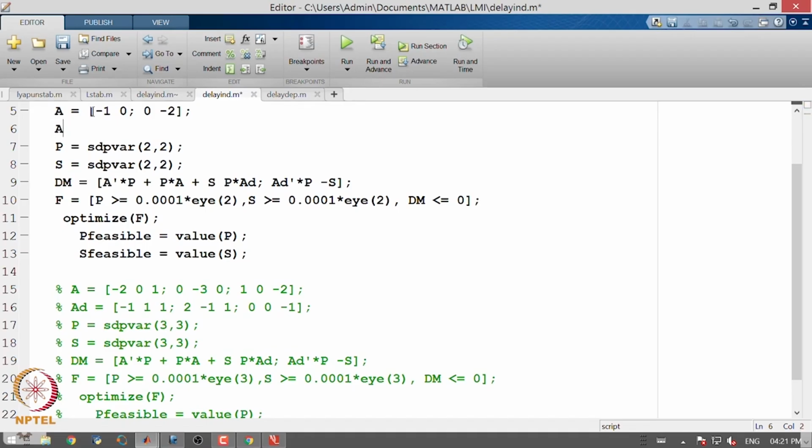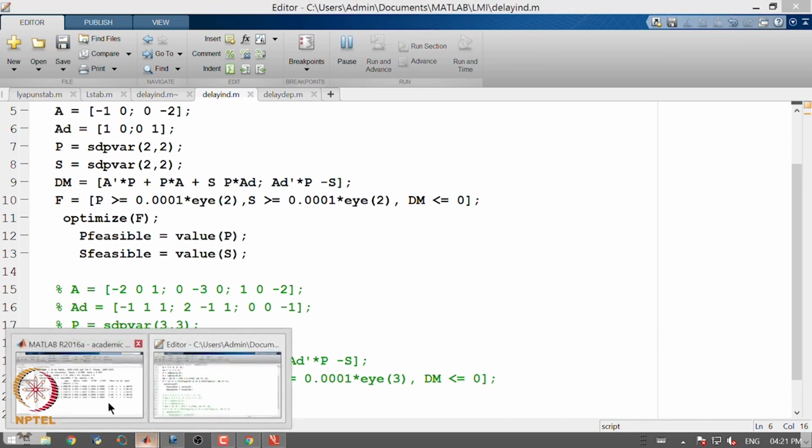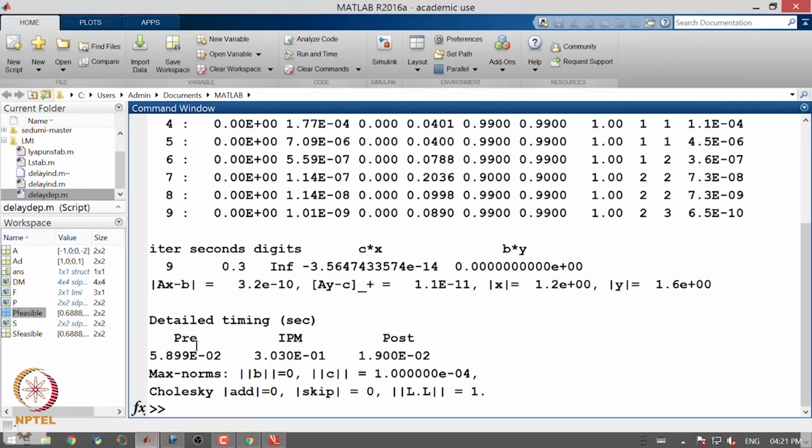The AD was just the identity, that is [1, 0; 0, 1]. Okay, and let's see if this works. Okay, so I get a result, and I can just check the eigenvalues now of P feasible.